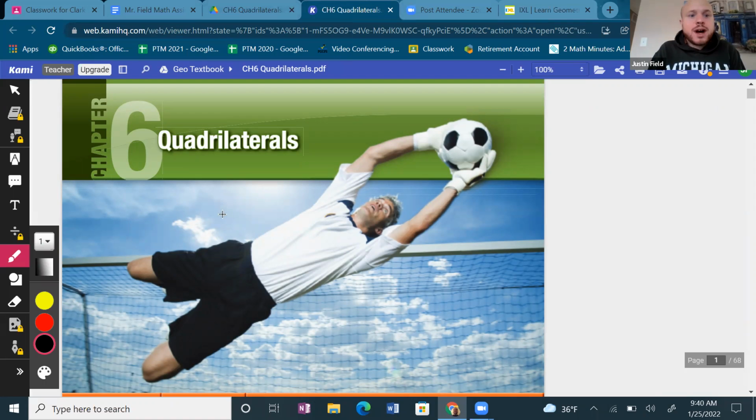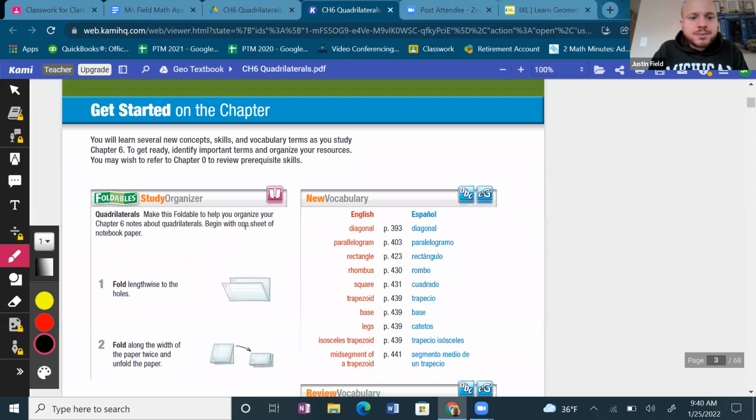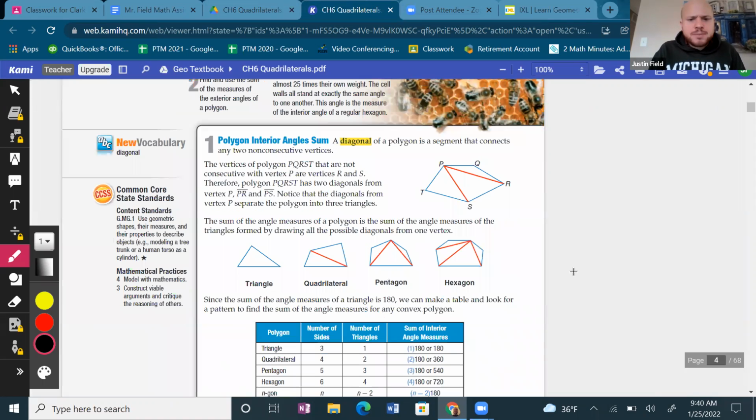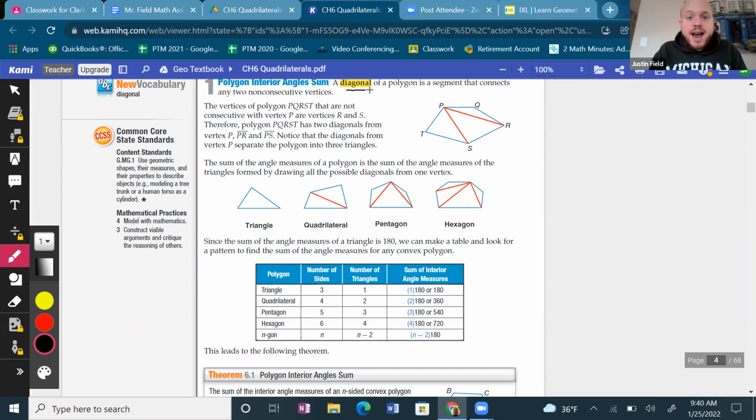So let's get started with quadrilaterals and polygons. We always start quadrilaterals with the angles and polygons. Now, this probably shouldn't be brand new information, but if it is, we're going to start here, so that's okay. Diagonals are from a vertex. The vertices of polygons are the capital letters, the points, the corners.